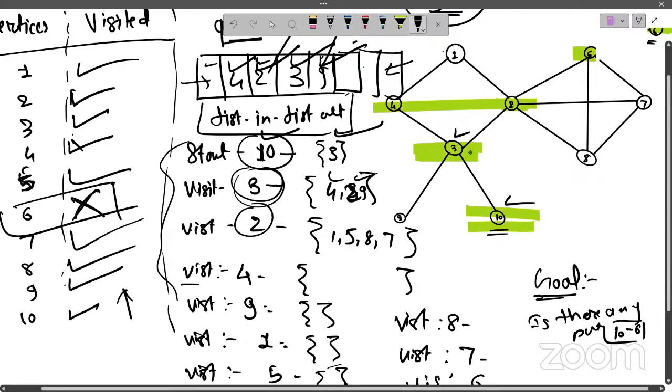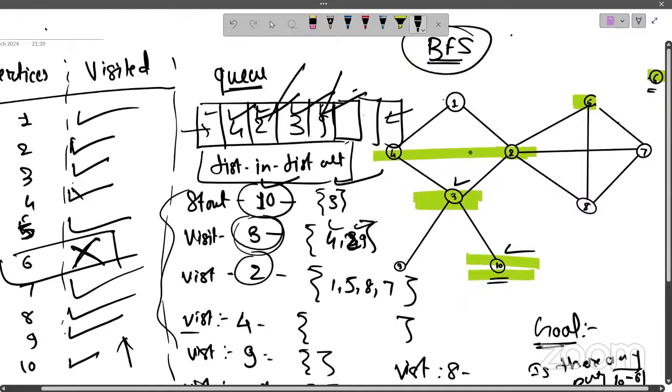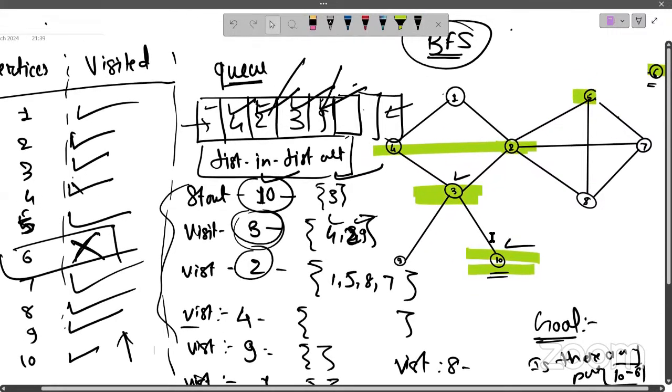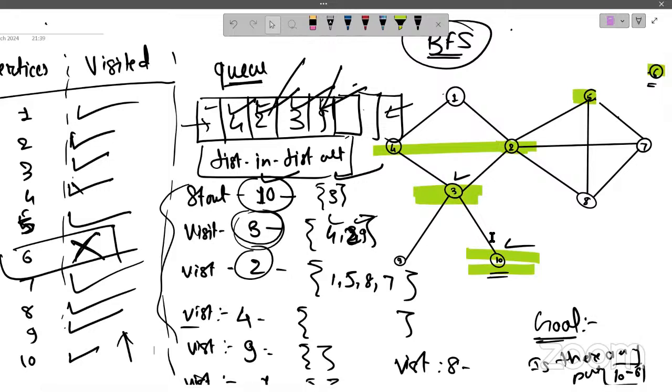The order can differ, because when I go to 3, there are 3 neighbors, 4, 2, 9. It is possible that someone processes 9 first, then 2, then 4. Then their BFS will go in some other direction.